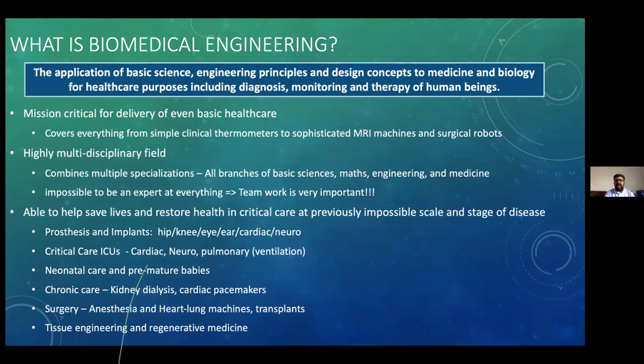And it's a very highly multidisciplinary field. So it utilizes physics, chemistry, obviously biology, math, almost all branches of engineering that I can think of, and medicine. So obviously you can't be an expert at everything. There is no human being that's capable of doing that, which is why biomedical engineering is a team sport.